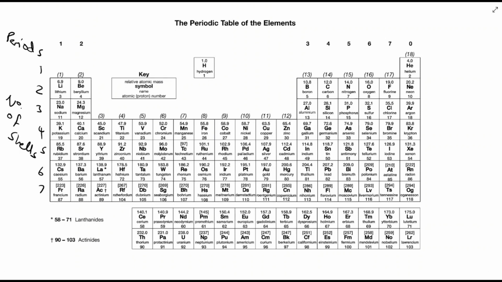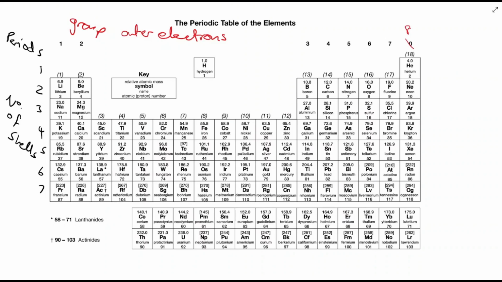That would be completely fine. And then you've got your group numbers at the top, and you've got 1, 2, 3, 4, 5, 6, 7, and 0, and the number of electrons in the outside shell. So the outer electrons are here. We need to remember that one is 8.